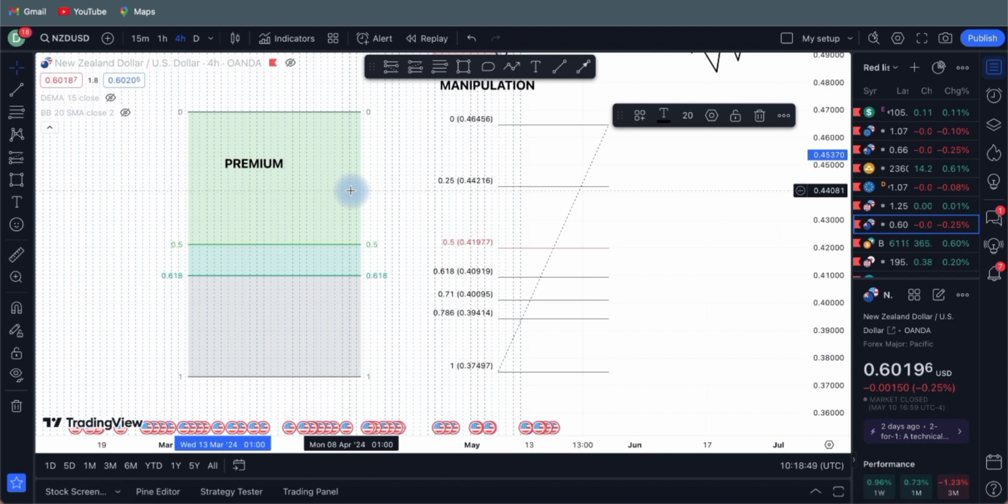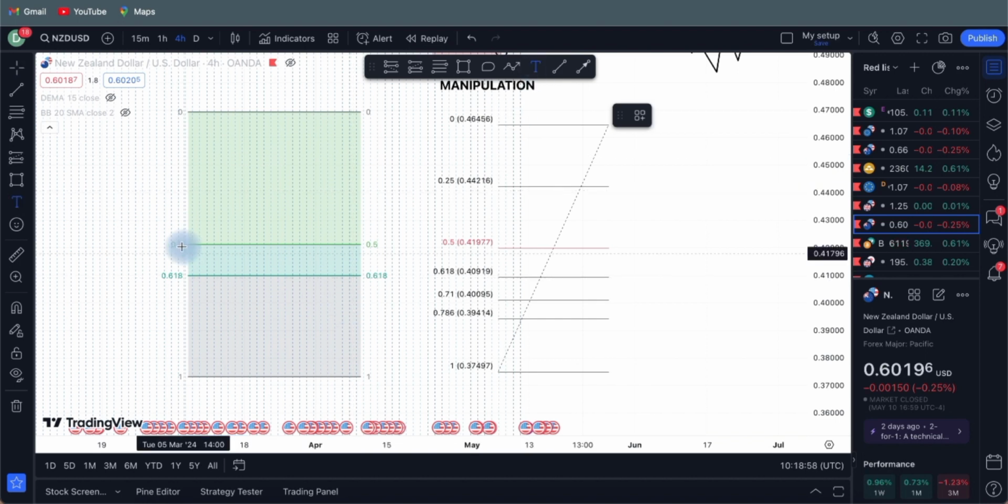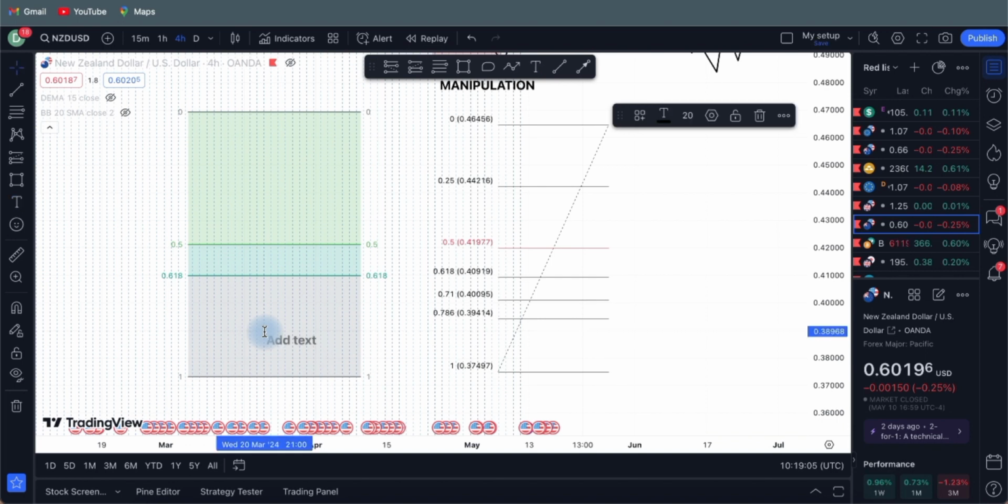This is where I identify my premium zone. Then the lower part, from 0.5 downwards to 1, I refer to as my discount.